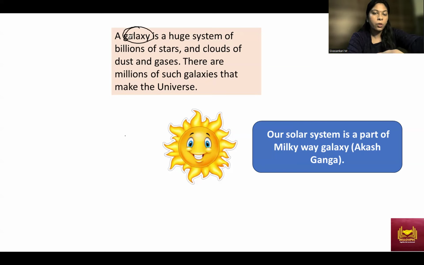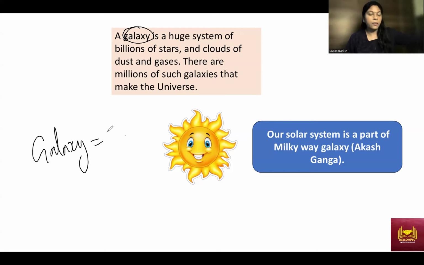So galaxy, how do you have to read it? Galaxy means billions of stars, which you call tara, stars. And you can write it as a formula. Already in my ethics class and my environment class I told you how to do your notes-making process, because your notes are going to help you write your mains answers also.